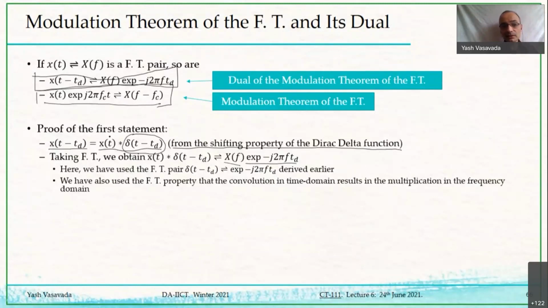This is the example that we have seen a few slides back. So this convolution got turned into a multiplication. And that is the proof of this first statement, the dual of the modulation theorem.